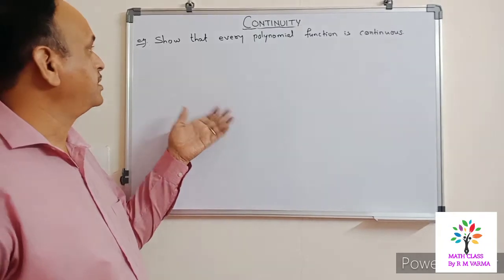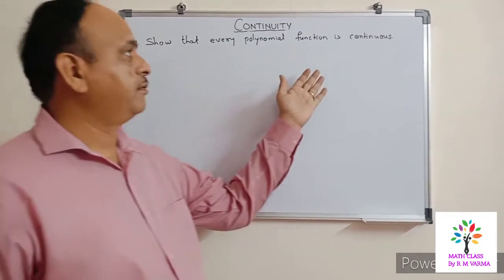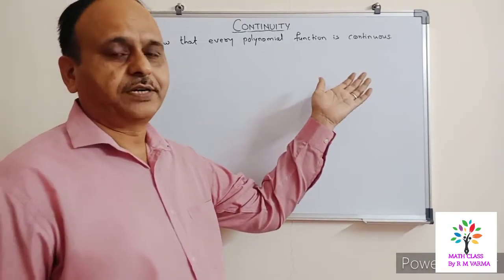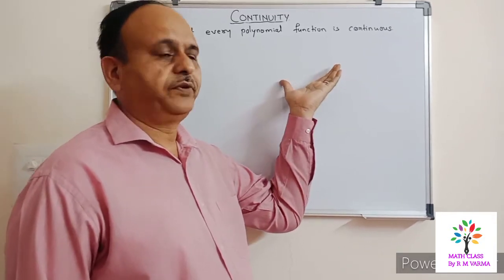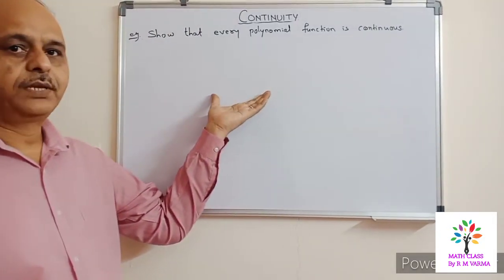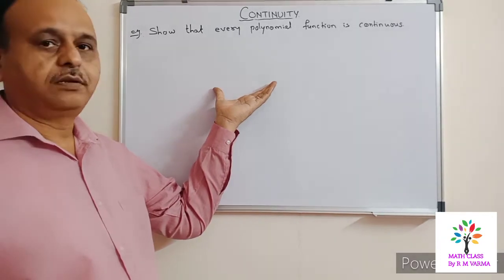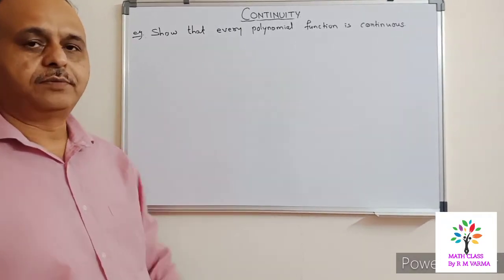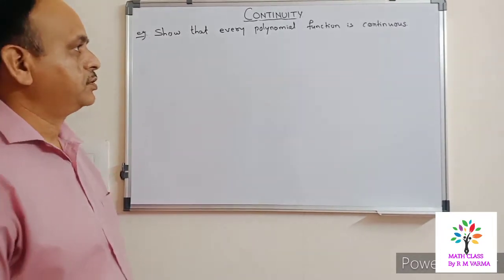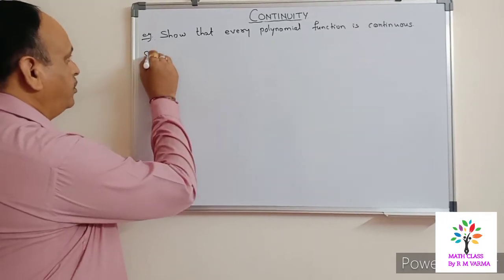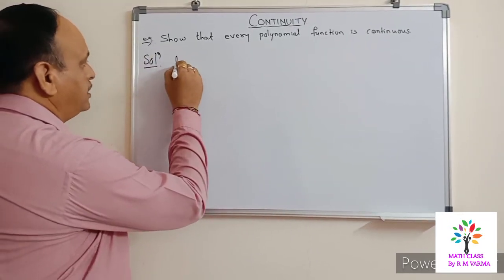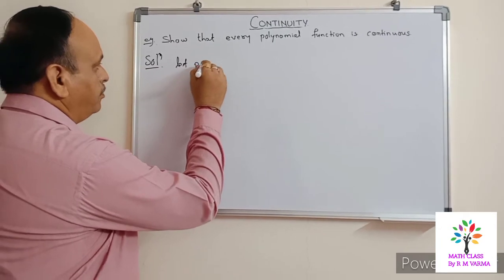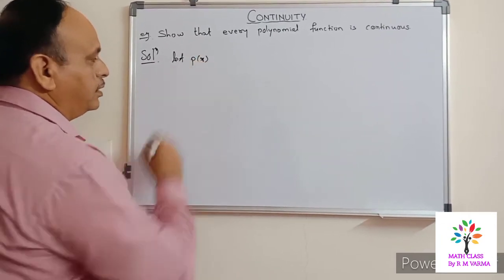Now another sum is to show that every polynomial function is a continuous function. So we take the general form of a polynomial function. Previously in 10th standard we have studied what a polynomial is in general form also. So let us take the general form of polynomials. Let p(x) be a polynomial.